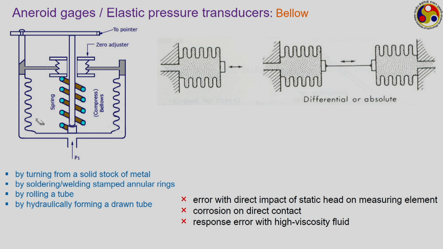Actually, these bellows are generally immersed in certain kind of fluid here. The viscosity of the fluid may dampen the deflection, thereby causing some problem in response. And if we are using them in some complicated or sticky environment, they need frequent cleaning. Still, they are also quite well used devices like the other elastic transducers.